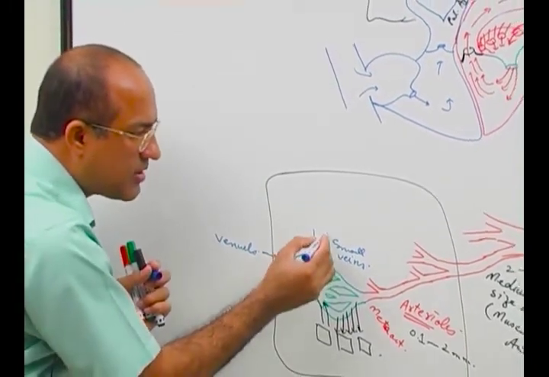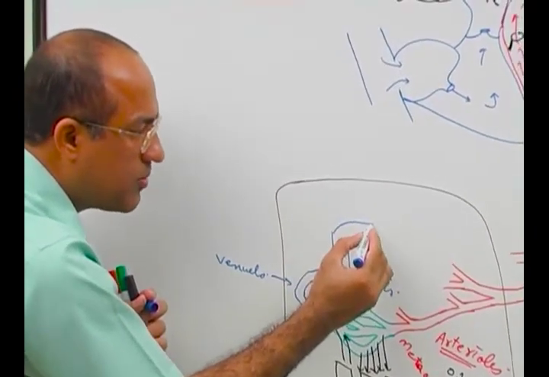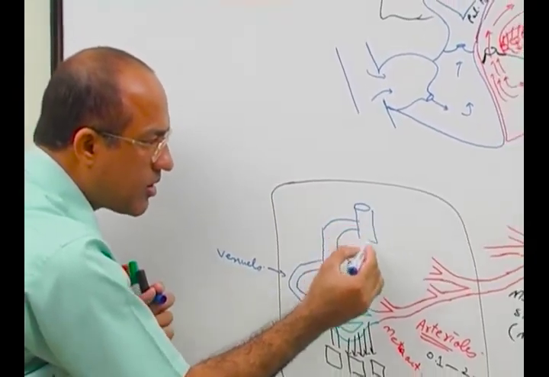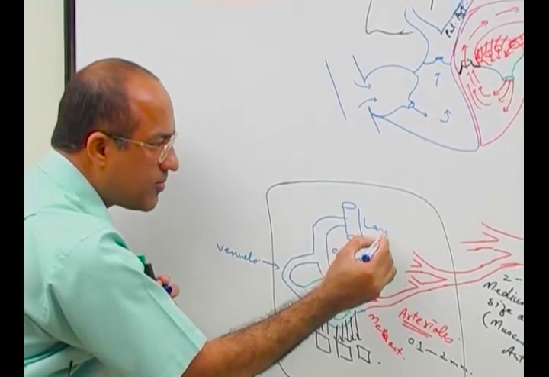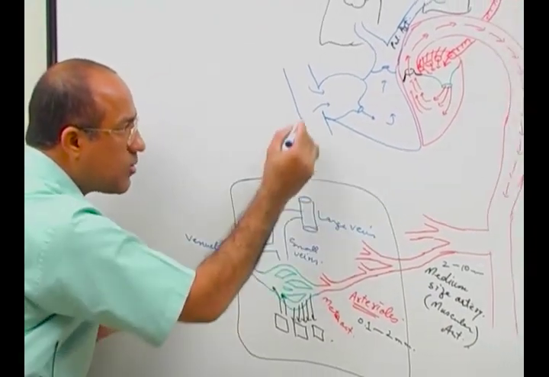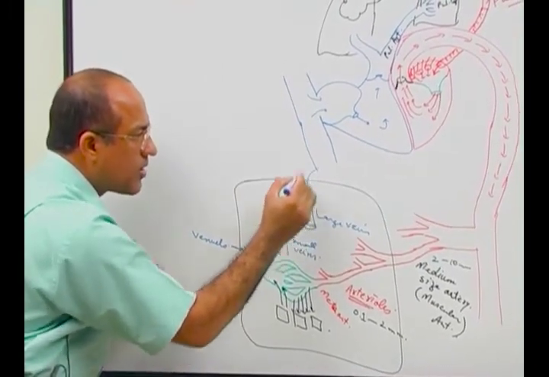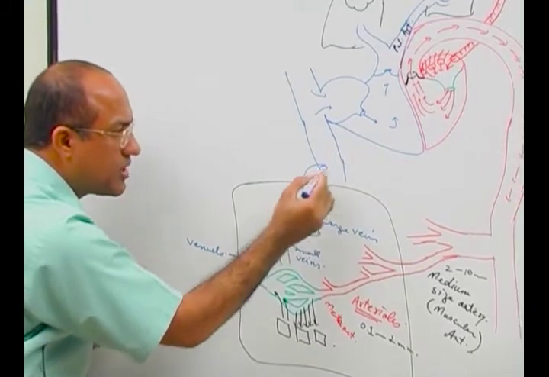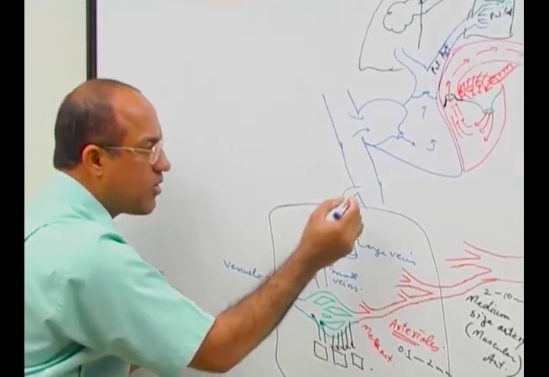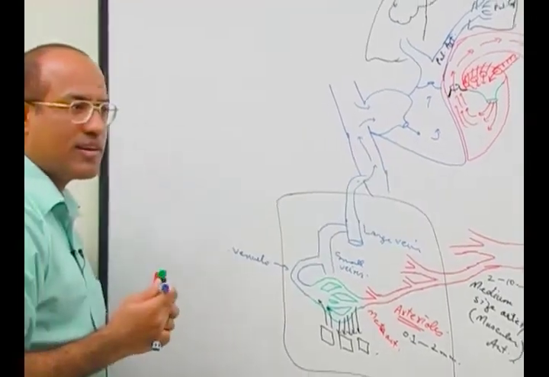Venules into small veins, and many of the small veins will eventually drain into large veins. And large veins will eventually drain into the cava system, either the inferior vena cava or the superior vena cava, and blood will now be coming back to the right heart.